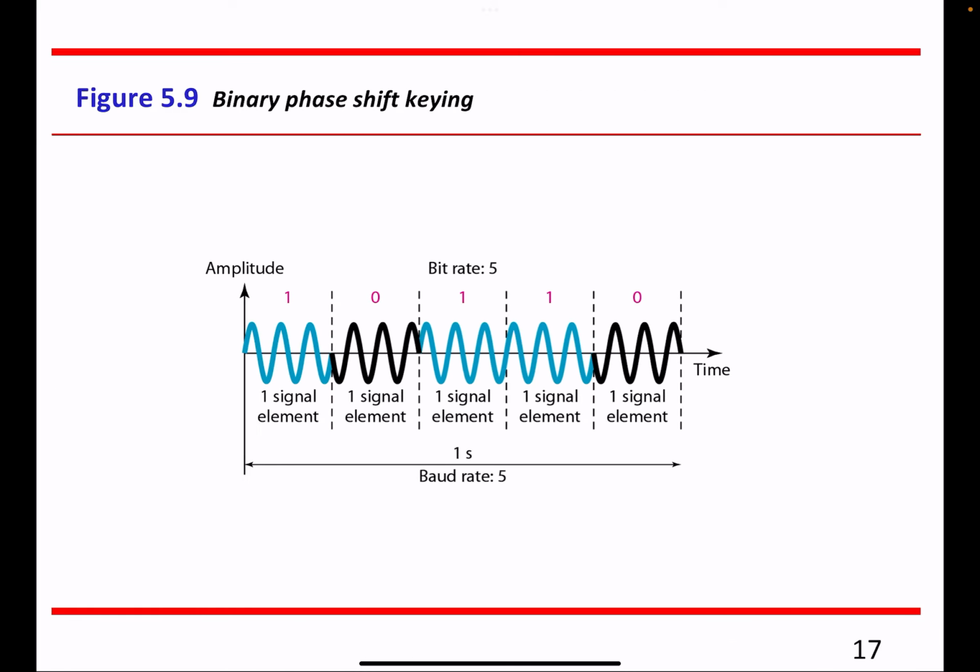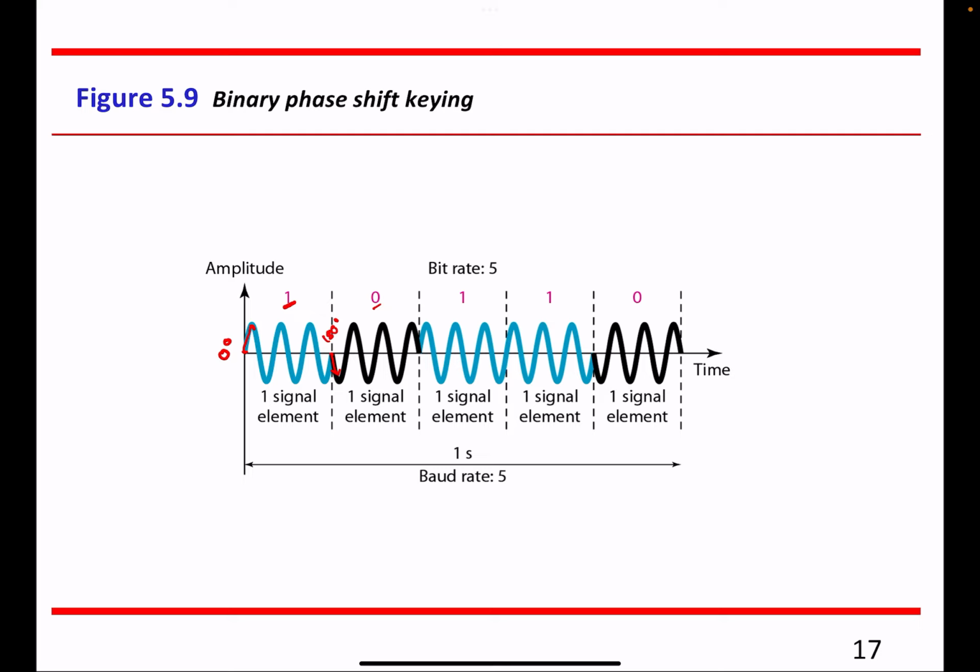So here is an example of binary phase shift keying. As you can see, if the bit is 1, we have the signal with the phase of 0 degree, as it is starting from this point. And if the bit is 0, then we are starting from this point and it is going downwards, so it has a phase of 180 degree.